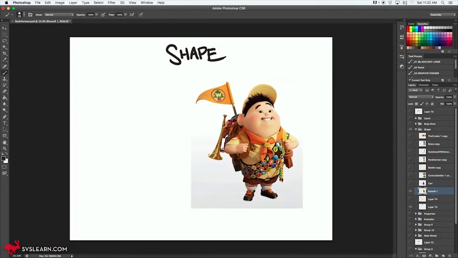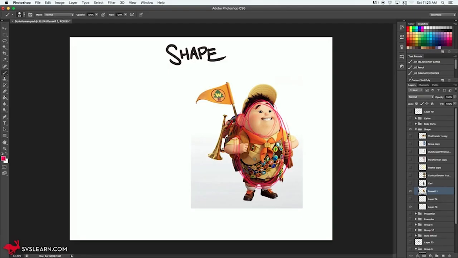So here we have Russell from Up, and Up is really a great film for looking at the shapes of characters and seeing what they tell us about who the characters are. Russell is, let's use a different color, let's do pink. Russell is an egg-shaped fellow. His head's egg-shaped.